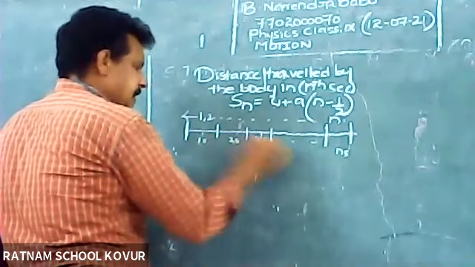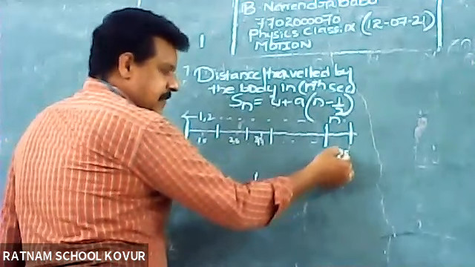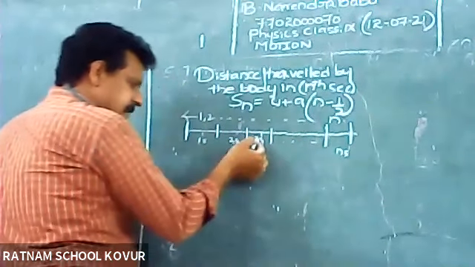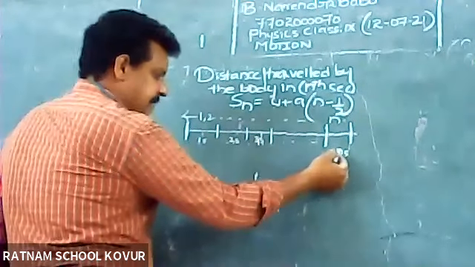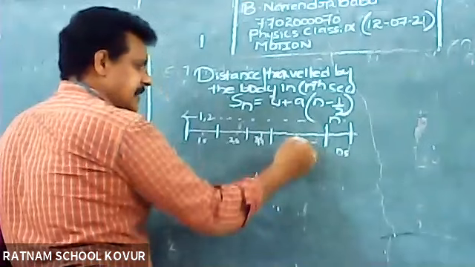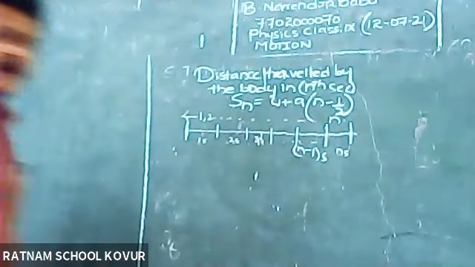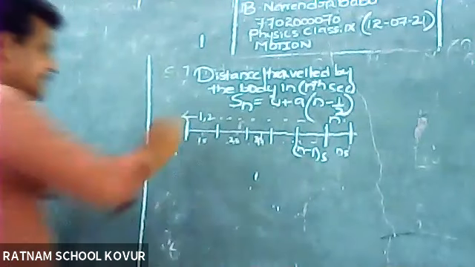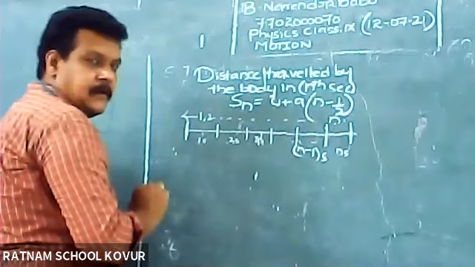For every second it is increasing. In the same way, before 3 seconds it is 3 minus 1, that is 2, and before n seconds it is n minus 1 second.